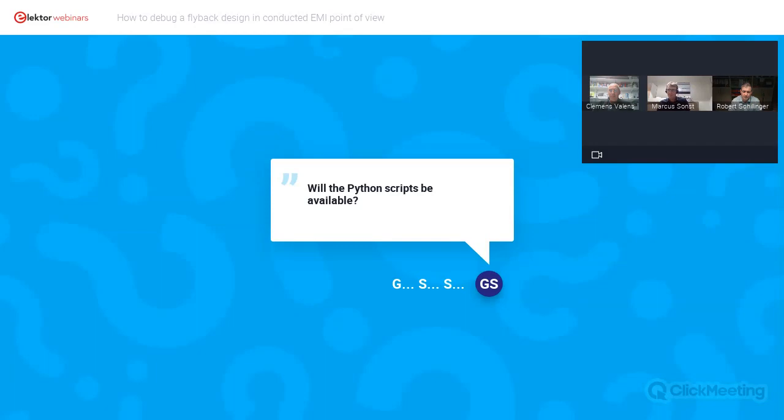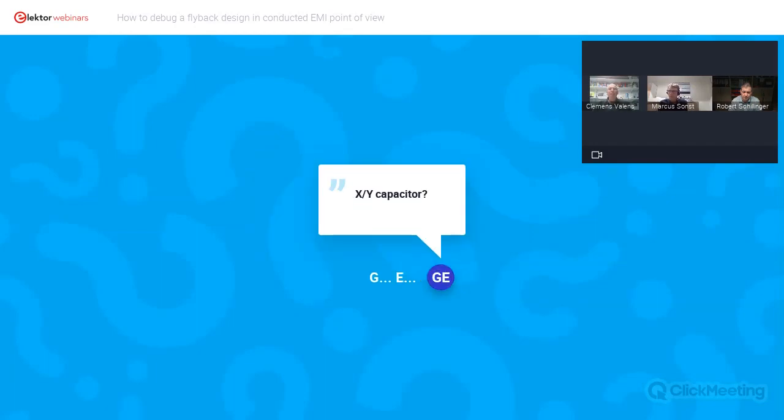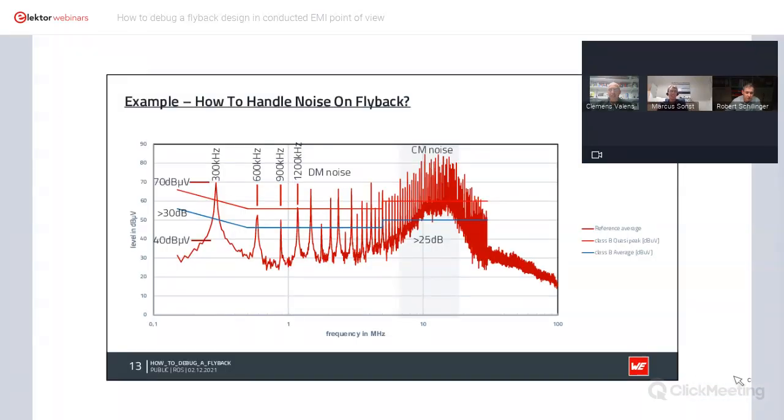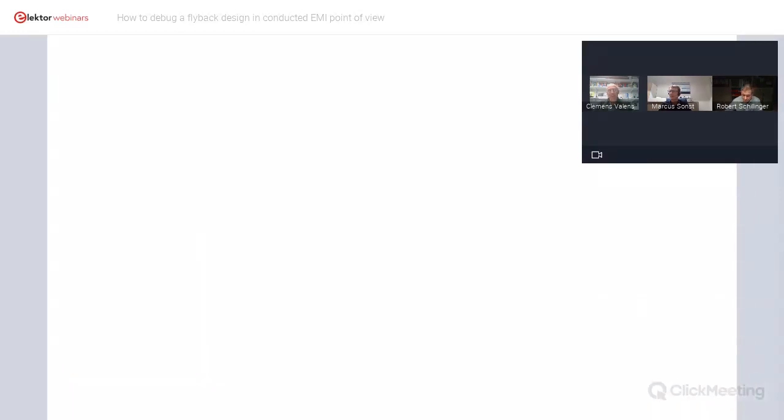Okay. Then we have a short question: XY capacitor. Who wants to answer that one? I have no nice picture to show what is X and what is Y. Can I draw? Yeah, you should be able to draw on the whiteboard.